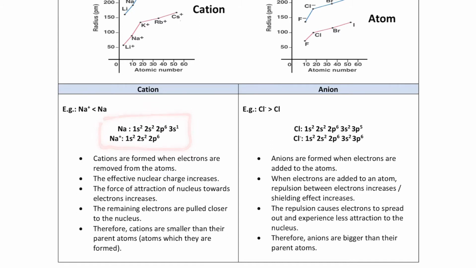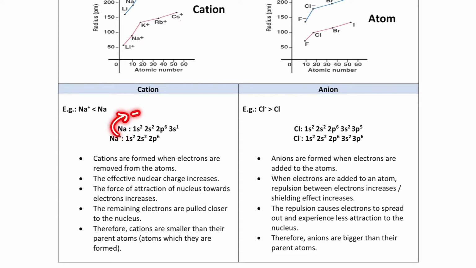So this is the electronic configuration for sodium and sodium ion. The difference is, both have 11 protons. The difference is in the number of electrons. When neutral, 11 protons equal 11 electrons for sodium, that's why 1s2, 2s2, 2p6, 3s1 up here. But when sodium becomes sodium ion, its charge becomes plus 1.